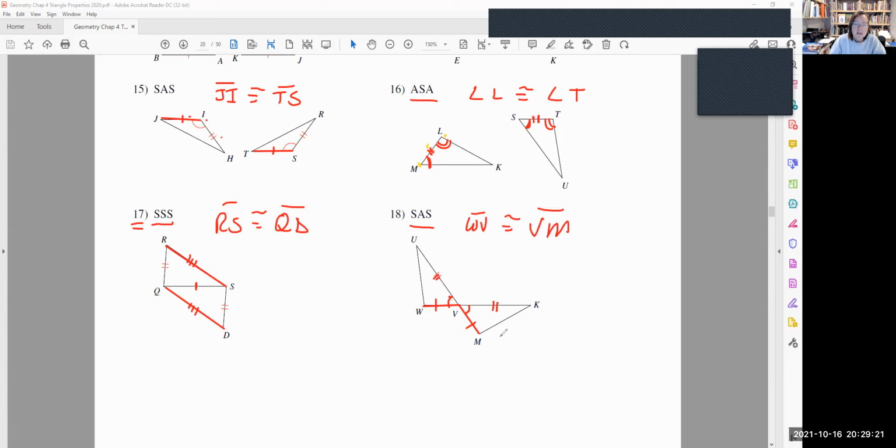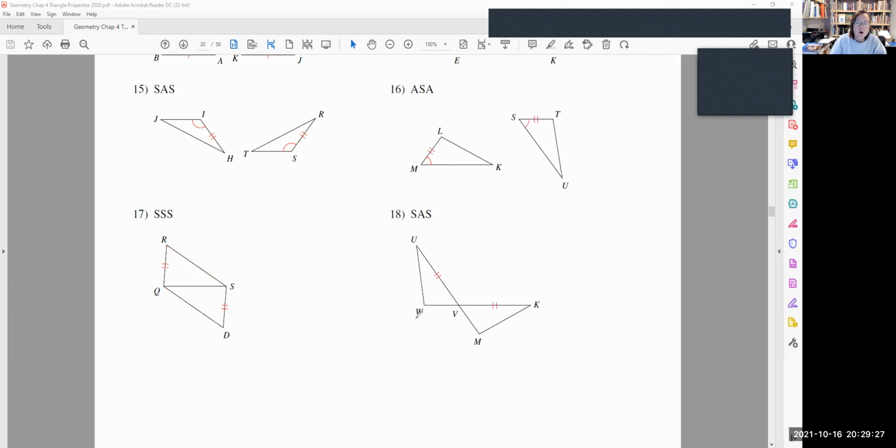And this is actually a really excellent diagram for me to show, again, why side, side, angle does not work, okay? So let's just say I had side, side, angle. Well, if you notice, this side here is not fixed.